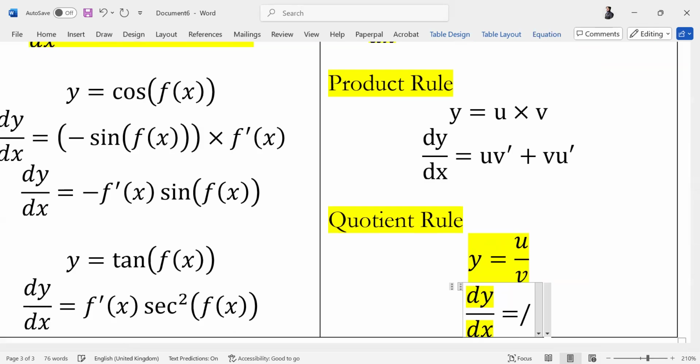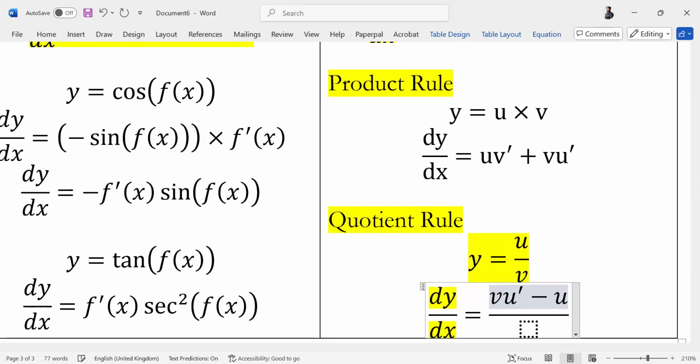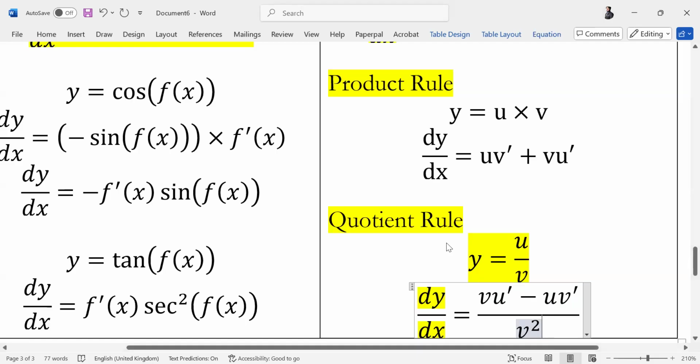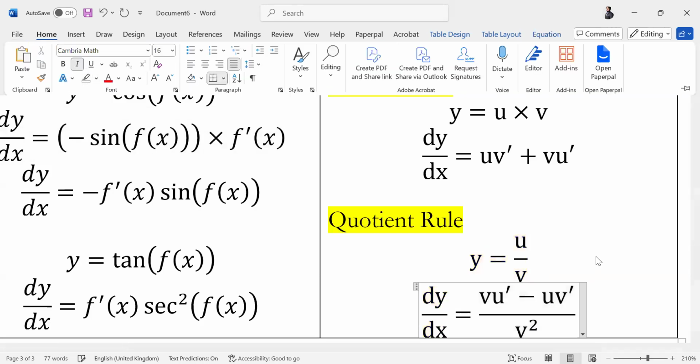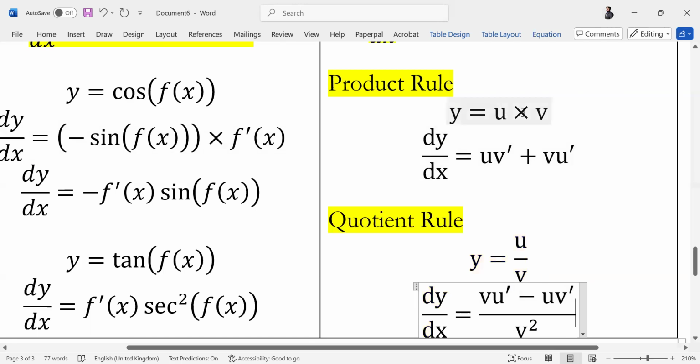dy by dx is v into derivative of u minus u into derivative of v upon v squared. Wait, this one was plus, so in the product rule it does not matter what you take as u and what you take as v, because both are multiplying, and their derivatives also multiply, it's all adding up, so nothing to worry.